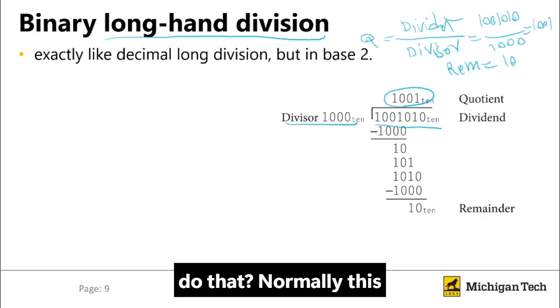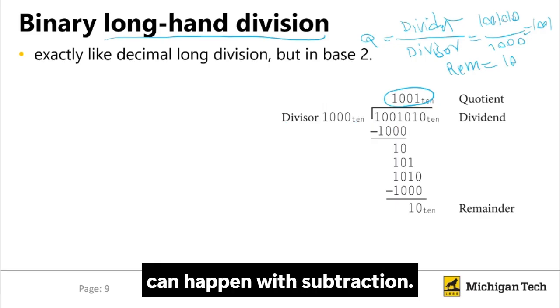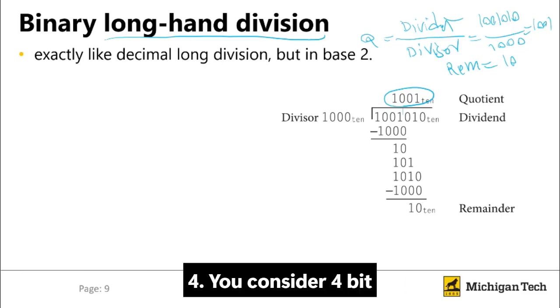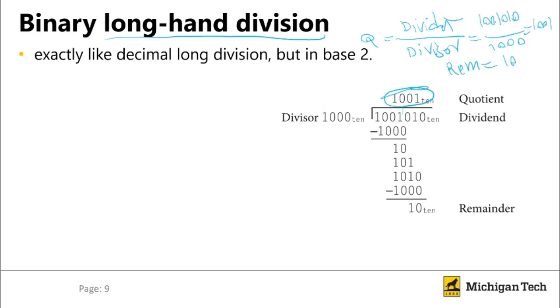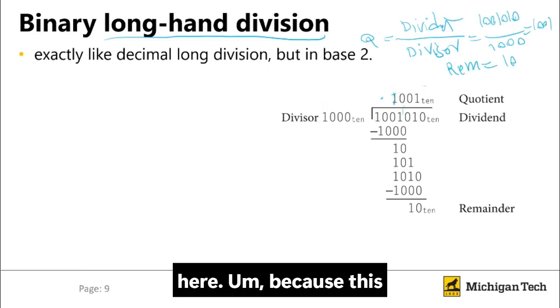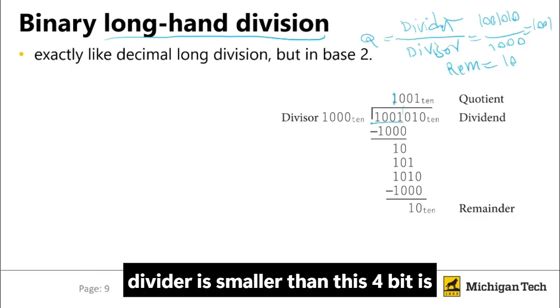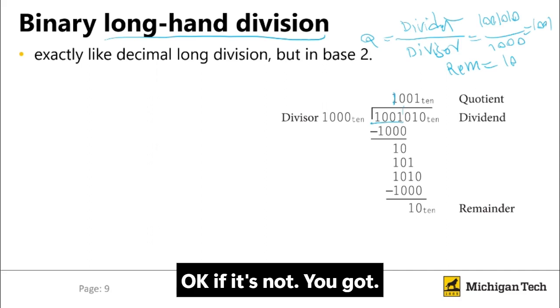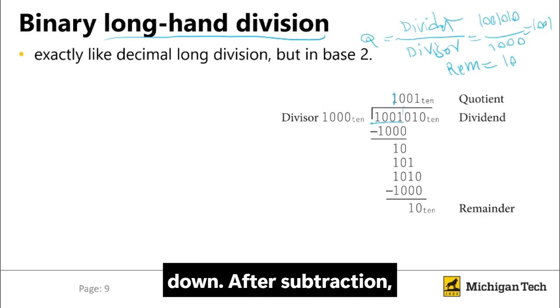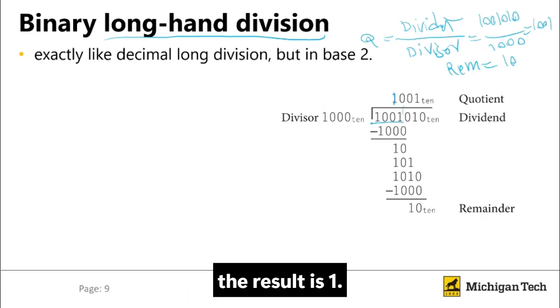Normally this can happen with subtraction. Because this is 4 bits, you consider 4 bits of this one, and you put 1 here, because this divisor is smaller than these 4 bits. If it's not, you need to put 0 and bring another bit down. After subtraction, the result is 1.